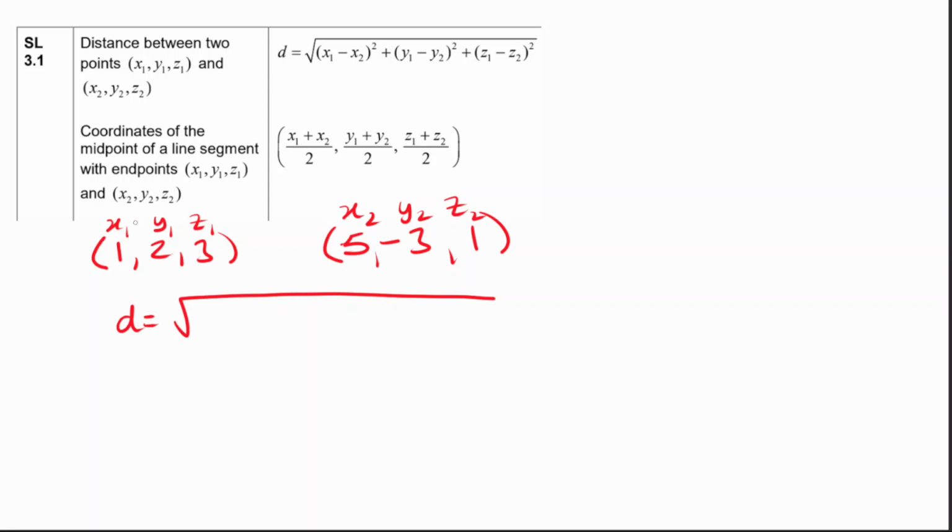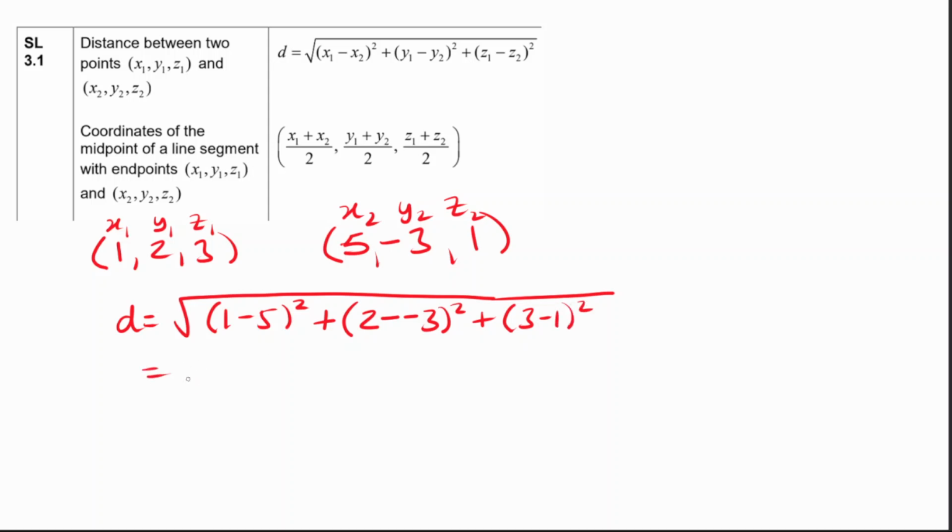So 1 minus 5 all squared, plus y1 minus y2. Be careful here because it's 2 minus -3, so this is 2 plus 3, which is 5 squared. And then we have z1 minus z2, so 3 minus 1 squared.